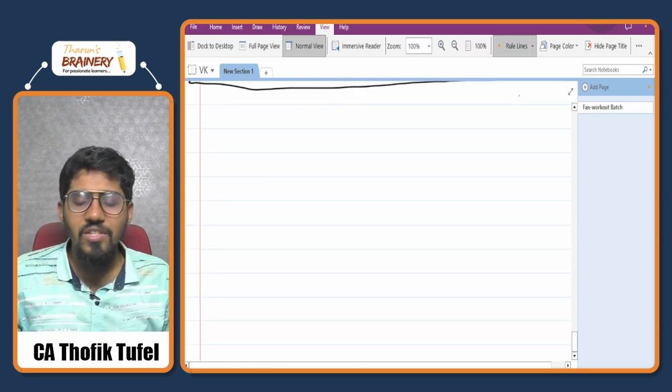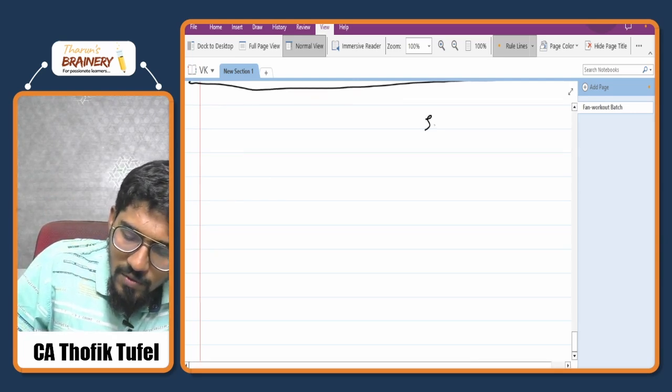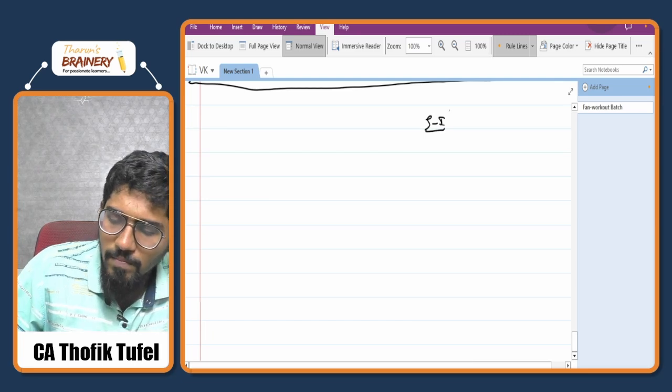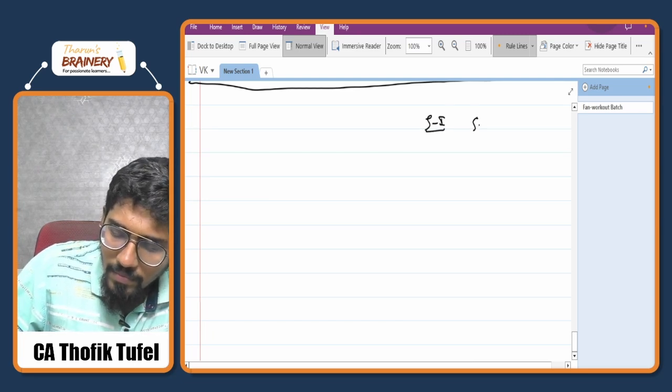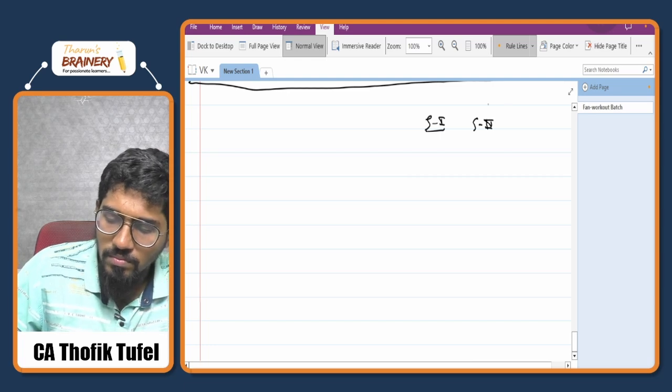First we are going to prepare an income statement for two situations, because first we are preparing for operating leverage. First situation one, and then situation two.